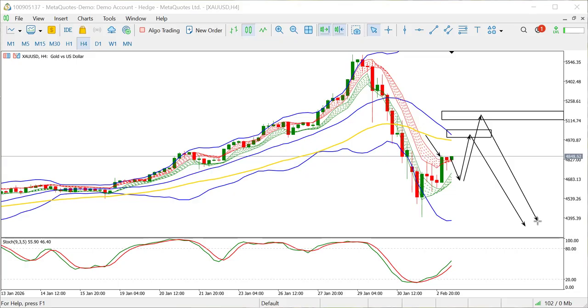So for that, we need to wait and follow the process. Once we follow the process, we can get a good entry and make profits. But if we don't get any confirmation, market will hit our stop losses. We don't need to enter without any confirmation.